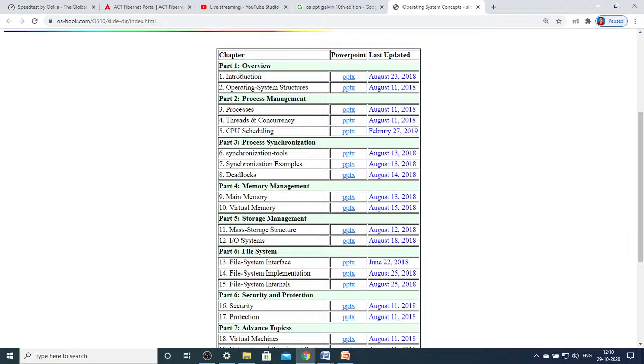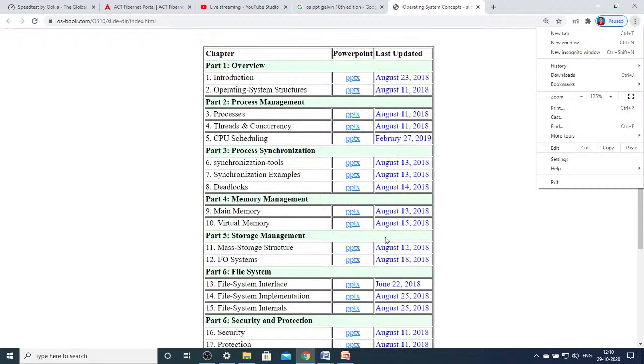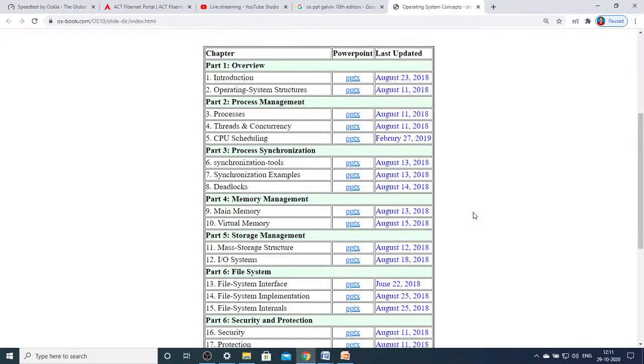From this, chapter 1 to chapter 17 PPTs you need to download. Among all these 17 PPTs, only the 12th PPT you don't require. Rest of all 16 PPTs you require.